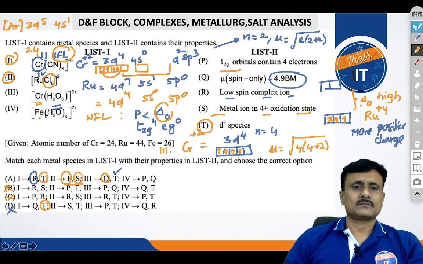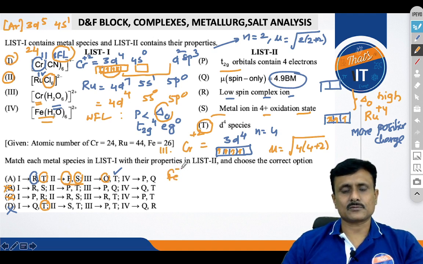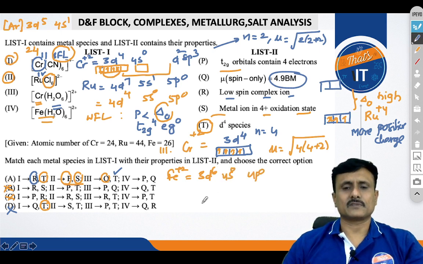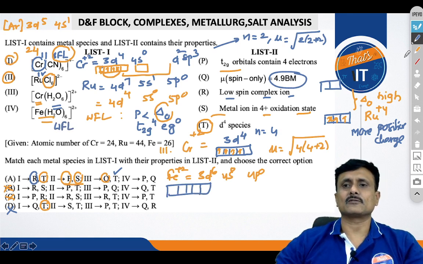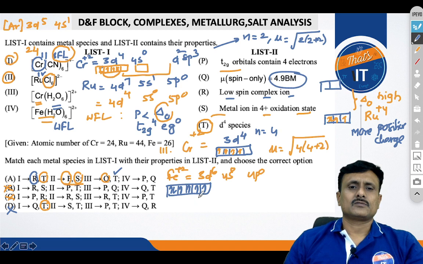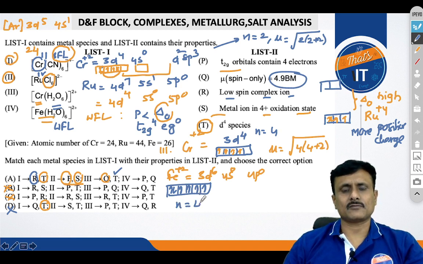So the fourth option, iron plus 2. You have to check iron plus 2 configuration, which is 3d6, 4s0, and then 4p0. You have to check the ligand. You have a weak field ligand only here also. So what's happening here? No pairing would occur. Number of unpaired electrons is 4. So Q is also matching.